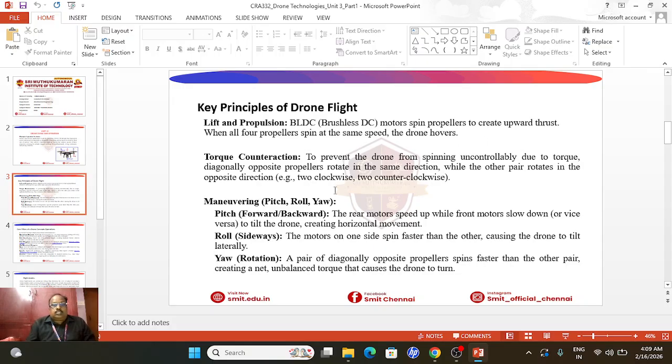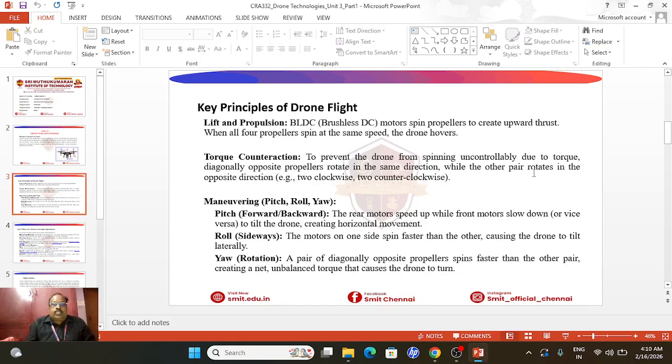For torque correction, to prevent the drone from spinning uncontrollably due to torque, diagonally opposite propellers rotate in the same direction, while the other pair rotates in the opposite direction. That is, two clockwise and the other two anti-clockwise, or counterclockwise.